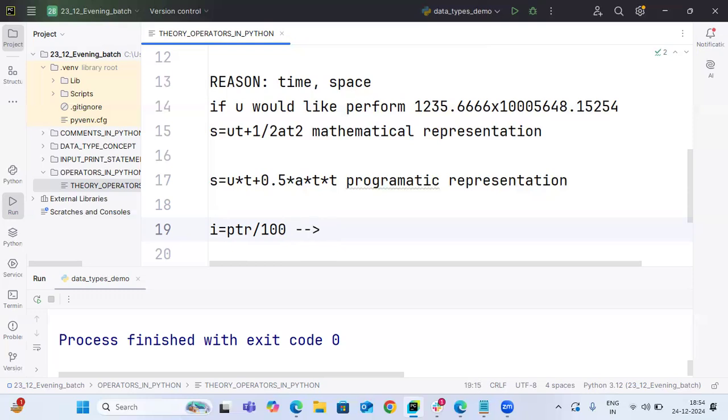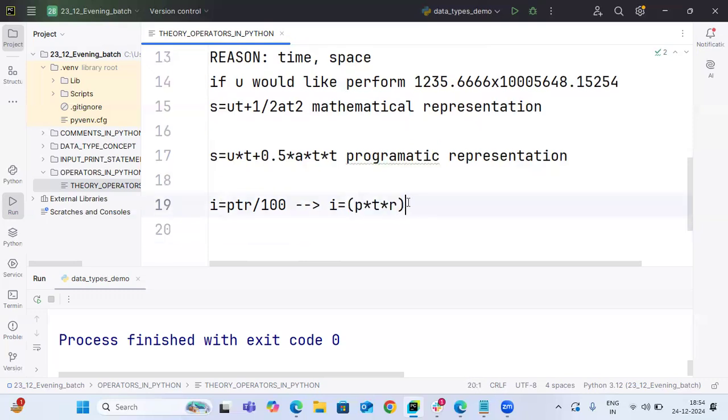In programmatic way, I is equal to P asterisk T asterisk R. If possible, try to keep it in a bracket meaningfully and divide it by 100. Yes or no? So this is the programmatic way of representation, and that is the mathematical expression.